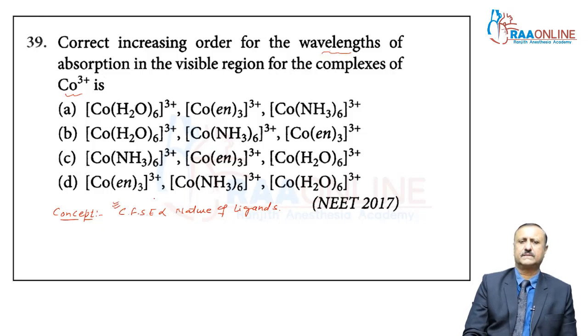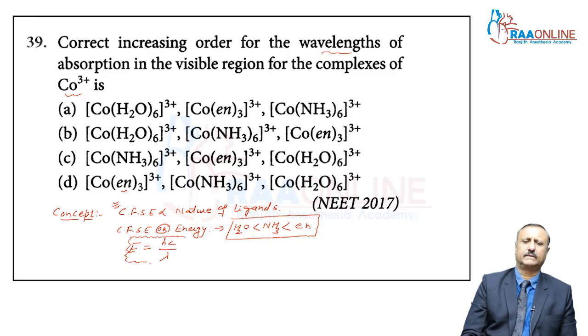So my dear students, you can see here strong ligand en is present, so CFSE is highest. We can say the energy of water is lower, then ammonia, and then en. You can see the energy of water is minimum, and you also have E is equal to hc upon lambda. This is the formula, meaning energy is inversely proportional to wavelength.